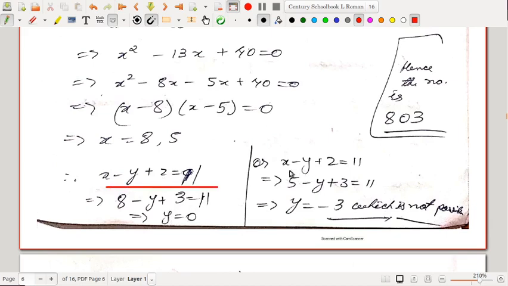If x is 5, then from this relation we get y equal to minus 3, which is not possible because y is a digit and should lie between 0 and 9. Hence, the number is 803. So there are only two numbers which satisfy this condition: the number is equal to 11 times the sum of the squares of its digits.